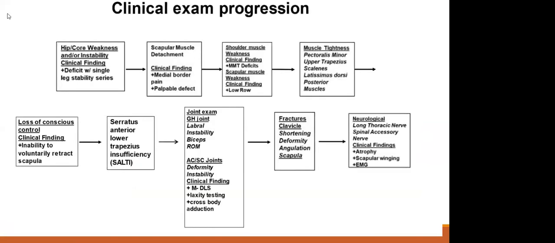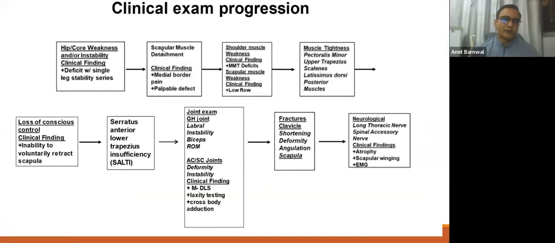So people who are overhead athletes, these are the possible reasons why they can have scapular dyskinesia. As one more reason, sir, what I understand is, as we went through the muscle attachments, most of the attachments were above the scapula, on the anterior or posterior aspect. Very few were below.